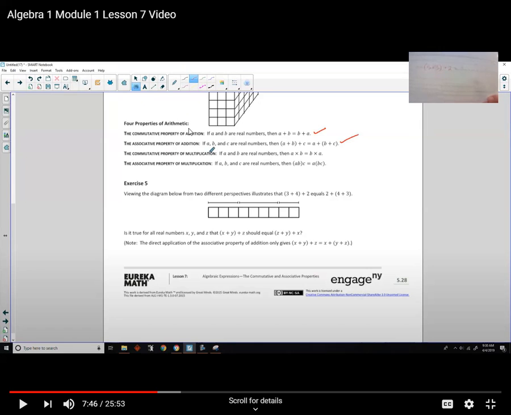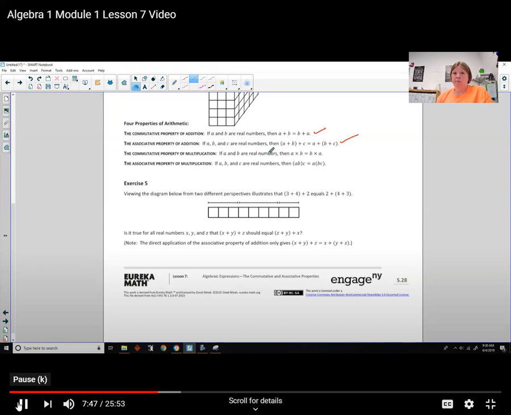The associative property tells me that I can group my numbers differently. The associative property tells me that I can move that set of parentheses and I can group the 3 and the 2 together and add those first. So instead of saying 5 plus 3 is 8 plus 2 is 10, now I'm saying 3 plus 2 is 5, so 5 plus 5 is 10. Notice it did not change the value, but the associative property allows me to see that.